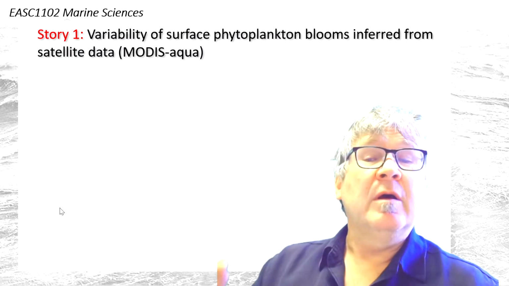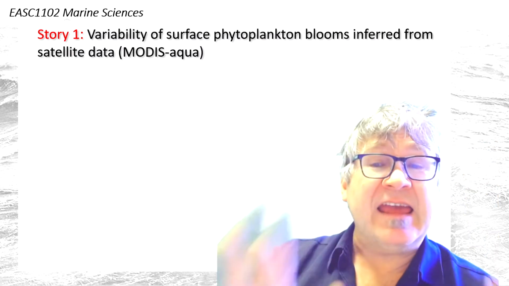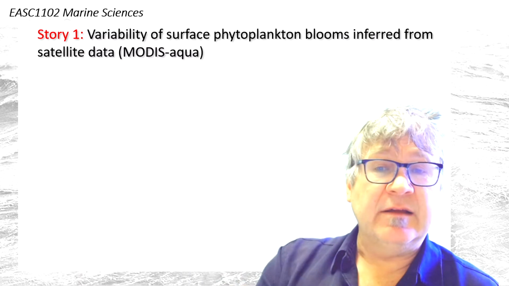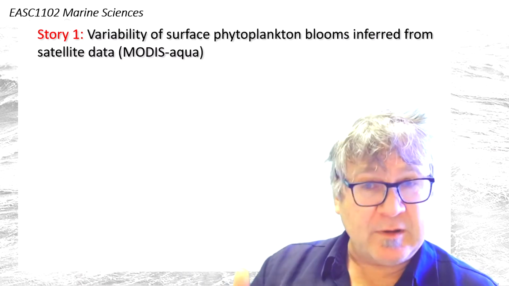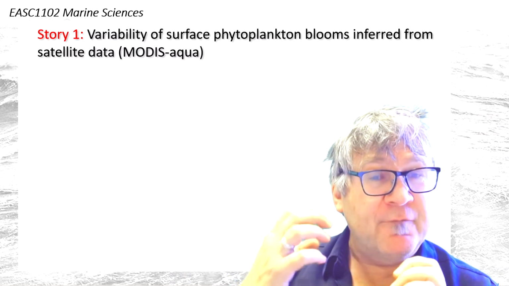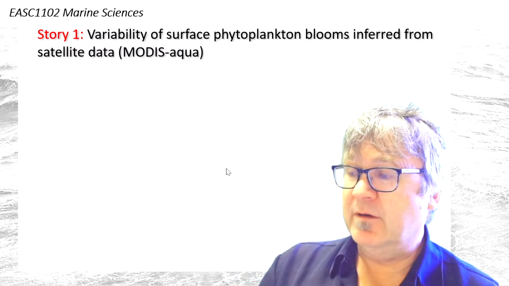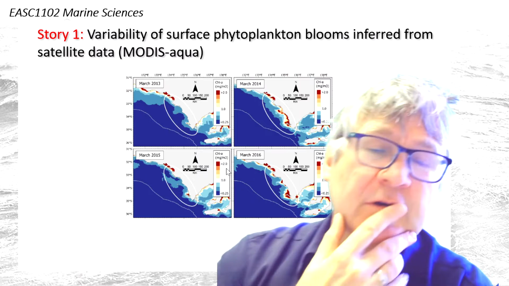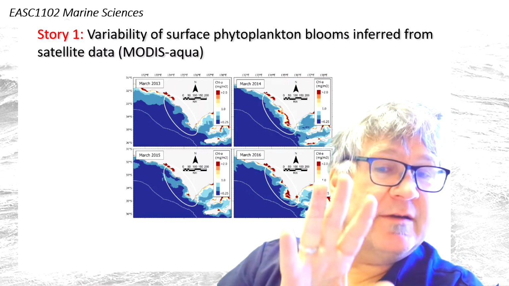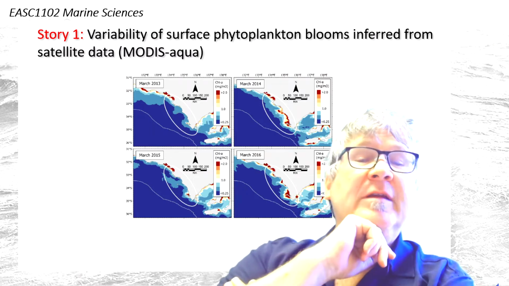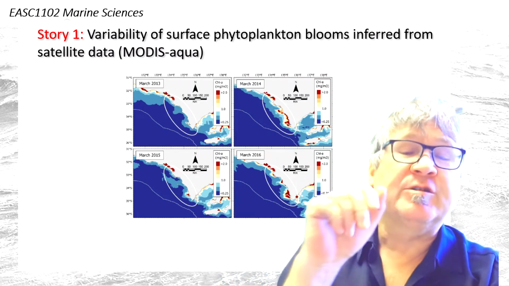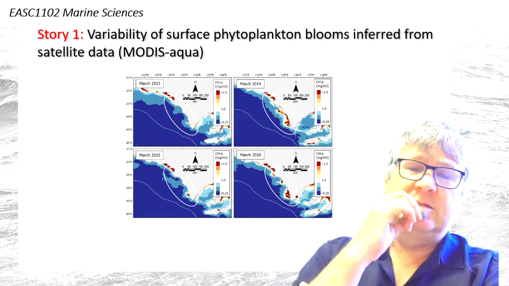Let's have a look at chlorophyll A satellite data. Chlorophyll A is the green pigment of phytoplankton, and it's a measure of the phytoplankton concentration. So let's have a look. Same years. At the top, March 2013, March 2014, then March 2015, March 2016.